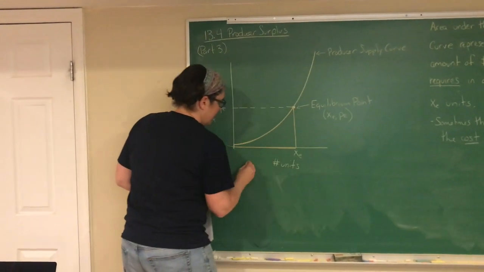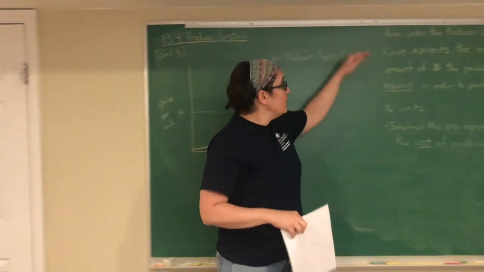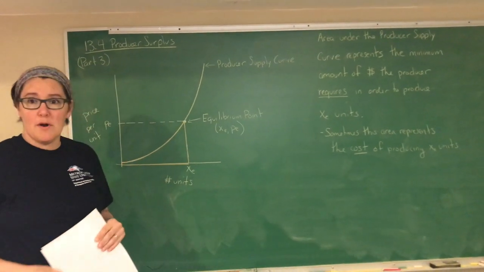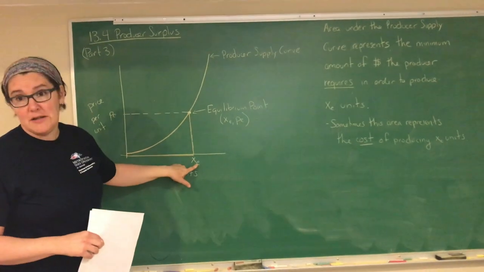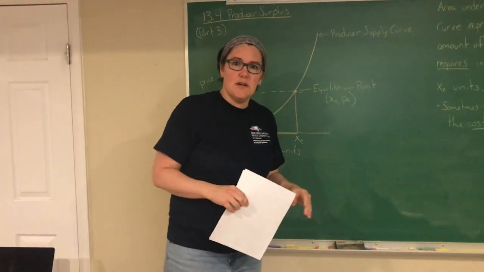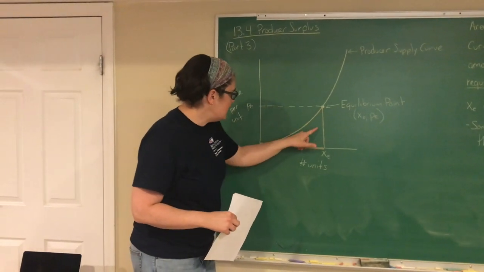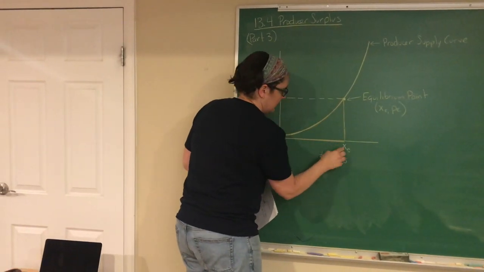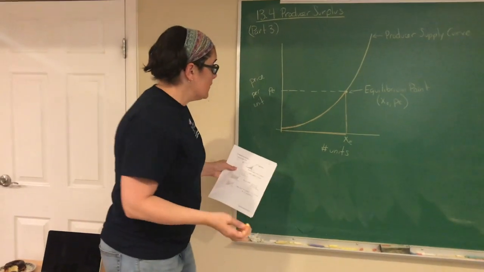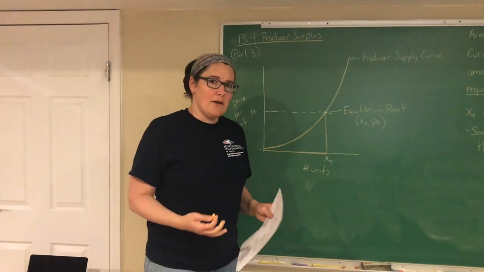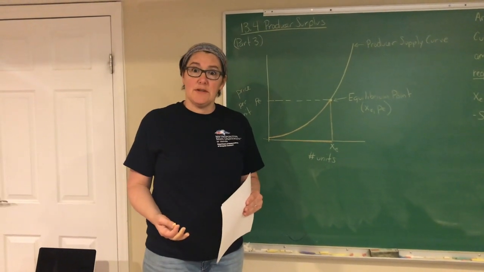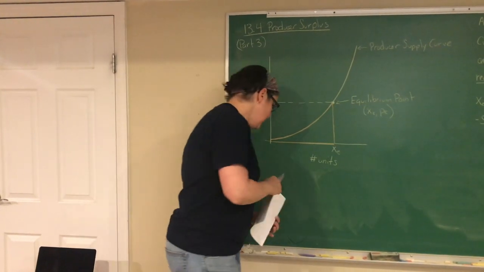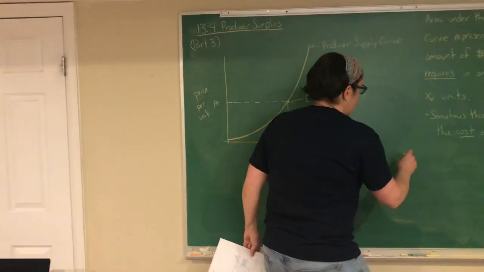This area represents the minimum amount of money that the producer requires in order to produce this many units. Sometimes this can be considered the cost of producing this many units. So that is the minimum amount that the producer is willing to accept in order to produce this many units.